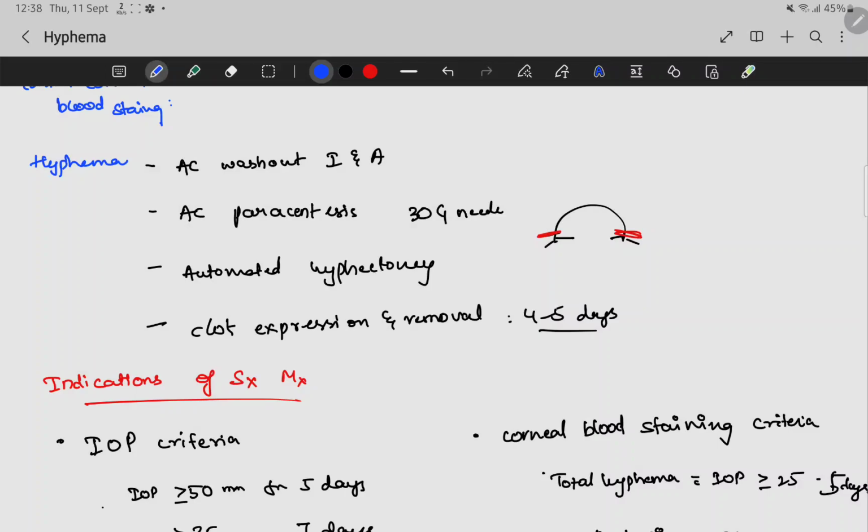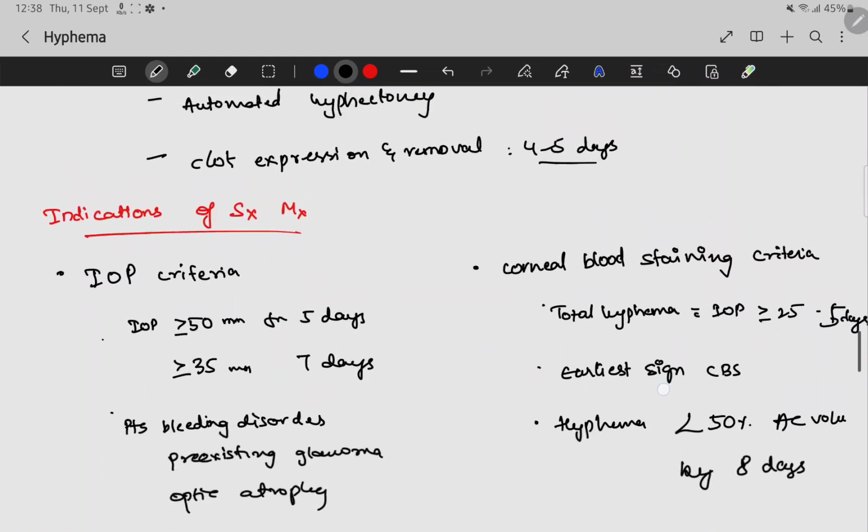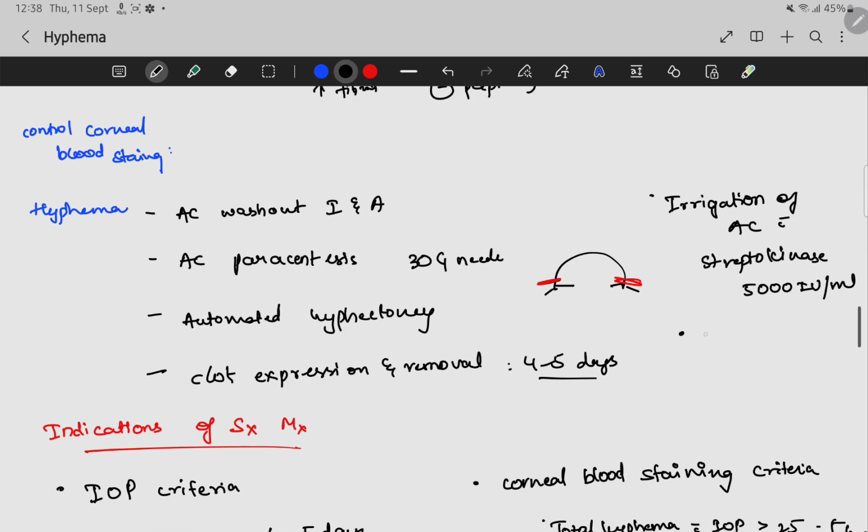These are the surgical interventions, and the other interventions which can also be done is irrigation of the anterior chamber with clot dissolvers like streptokinase, 5000 international units per ml, and we can also use human TPA, that is tissue plasminogen activator, 6 to 25 micrograms intracamerally. Right?